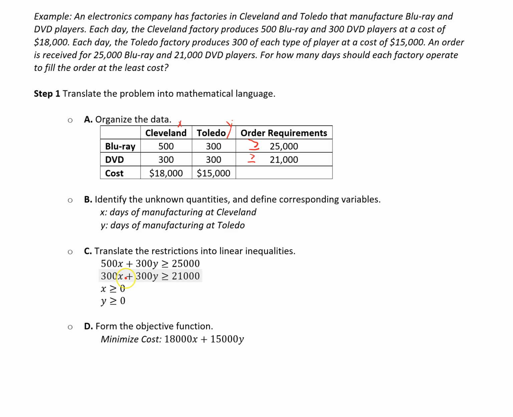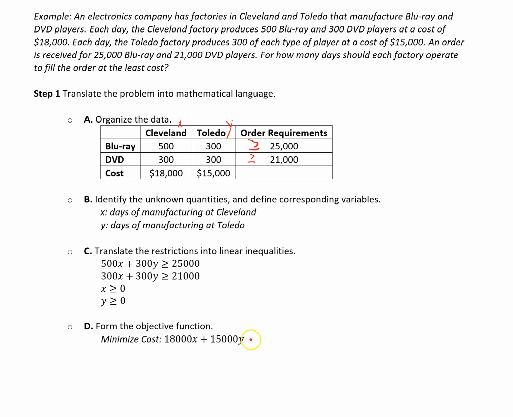Similarly, 300X is for DVD, and 300Y is also for DVD, but this time at Toledo, and we need at least 21,000. We have the other variable restrictions that X must be positive, so X is greater than or equal to 0, and Y is greater than or equal to 0. We can't have negative days of operation at Cleveland or negative days of operation at Toledo.